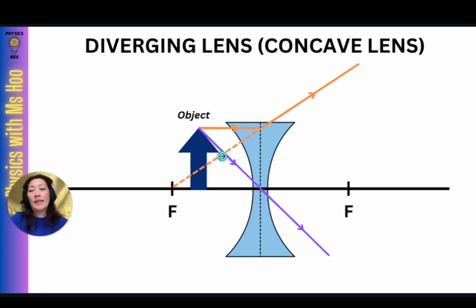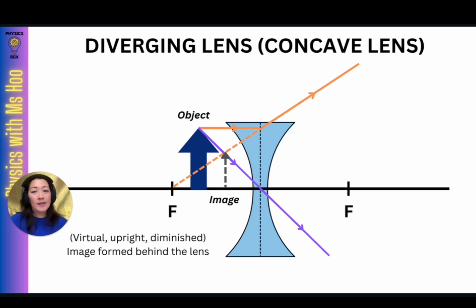And straight away we can see this is the intersection point, which is where the image would be formed. Again, there's a dotted line creating the intersection point, so we get a dotted image. If we compare the image against the object, the characteristics are virtual, upright, diminished, exactly the same as on the previous slide. So wherever you place the object in comparison to the diverging lens, the characteristics of the image formed are exactly the same.